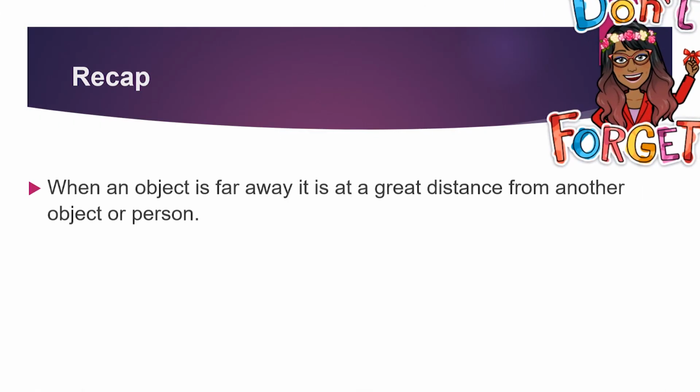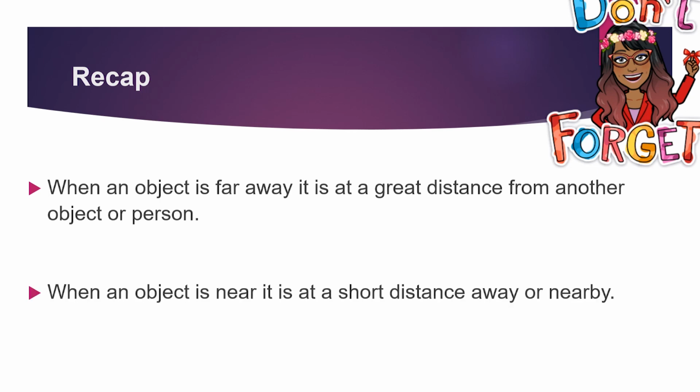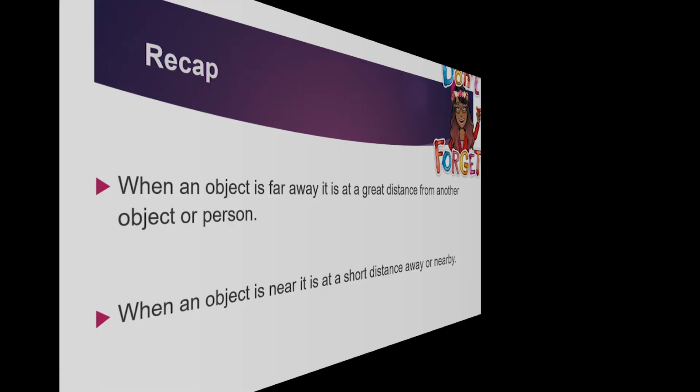When an object is far away, it is at a great distance from another object or person. When an object is near, it is at a short distance or nearby. Continue to practice comparing items or objects using tall, short, long, near, far, thick, and thin. Until next time.